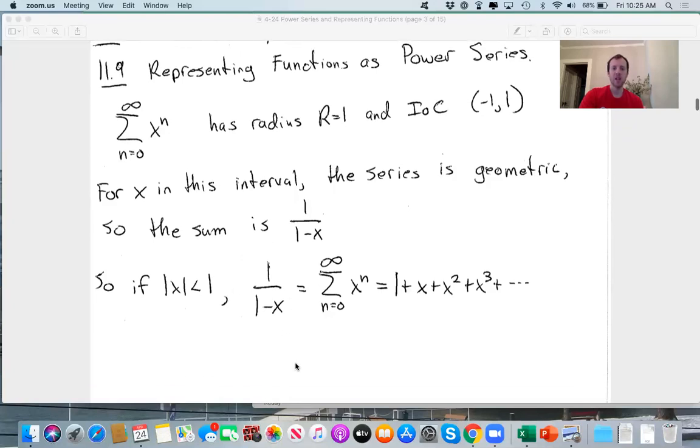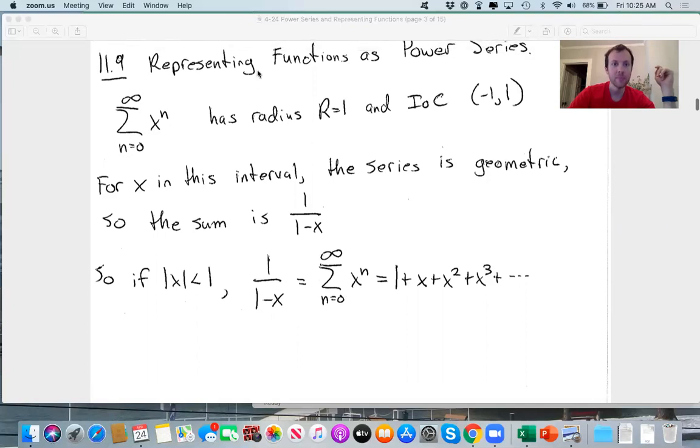So what this is saying is that this series represents a function, and the value of the function at a particular x is 1 over 1 minus x. Maybe this seems like a hyperbola, but this is perhaps one of the most important facts, certainly from the sequence and series part of the course, maybe in all of Calc 2.